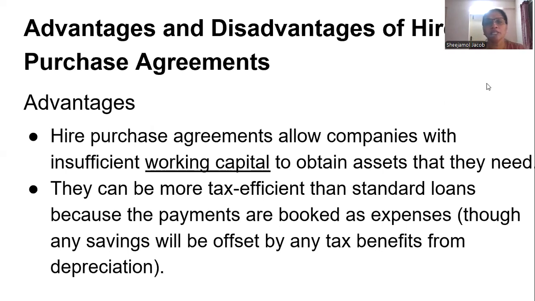What are the advantages of the hire purchase system? These agreements allow companies with insufficient working capital to obtain assets that they need. They can be more tax efficient than standard loans because the payments are booked as expenses, though any savings will be offset by any tax benefits from depreciation.